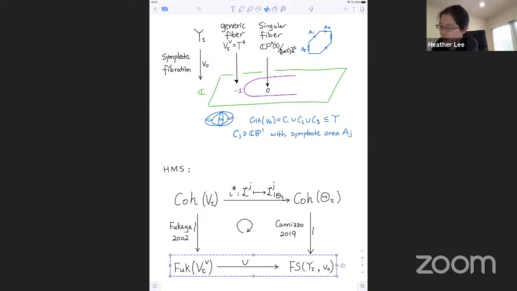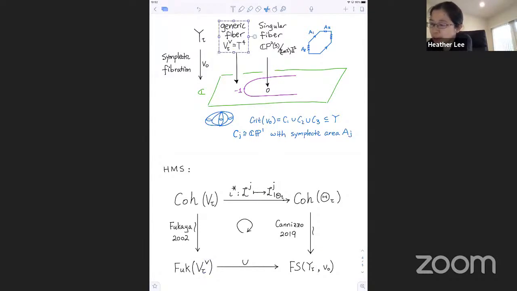Given a Lagrangian submanifold in this 4-torus, we want to get a Lagrangian submanifold in Y. So how do we do that? We can take a Lagrangian submanifold in this fiber V-check, because V-check is in the fiber of this fibration.